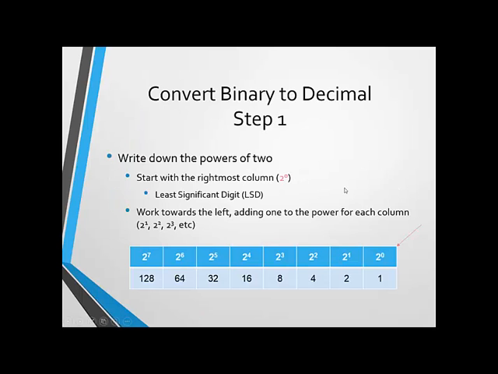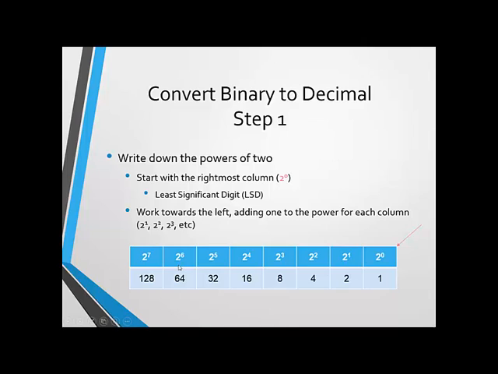When we're converting from a binary number to a decimal number, the first thing we want to do is write down the powers of 2. If you've noticed, the powers of 2 in the decimal equivalent are a doubling, so it's pretty easy to write down the powers of 2. I always start with the least significant digit, 2 to the 0 power. Remember, that's 1. 2 to the power of 1 is 2. 2 to the power of 2 is 4. Keep working my way over.